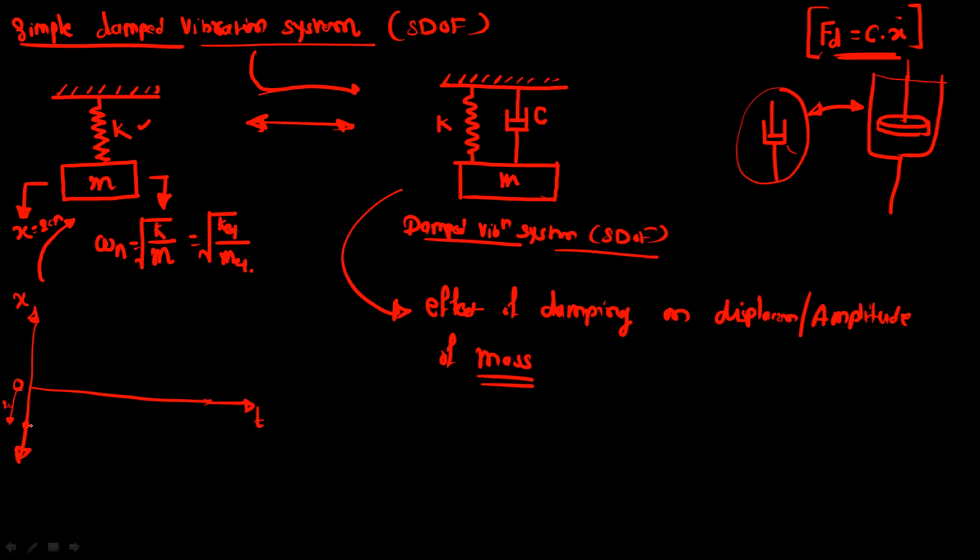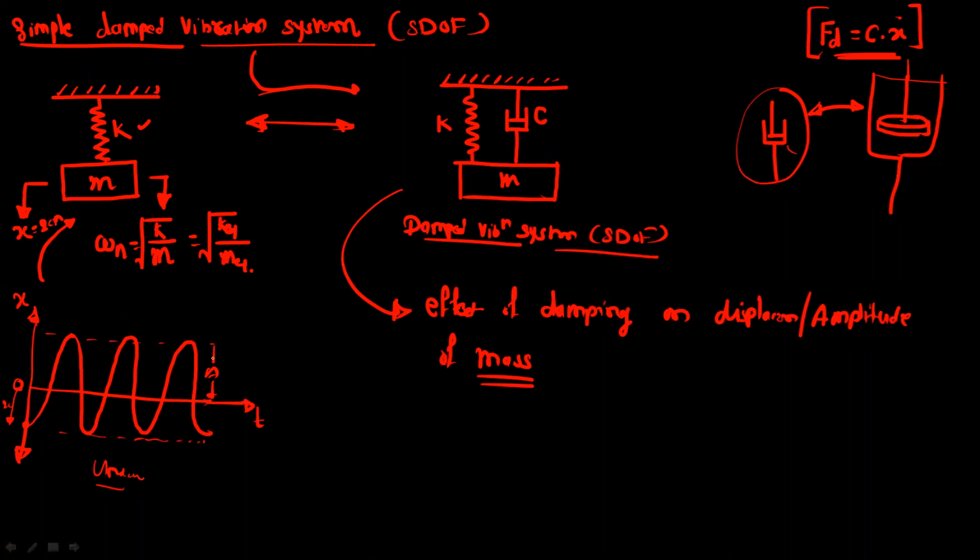You just release the mass. So the mass will start the motion to the equilibrium point. After that, it will cross the equilibrium point and reach the positive maximum value. And this motion will repeat. So it will become a cyclic motion. So this is the undamped vibration. And this is your maximum displacement, that is called the amplitude.